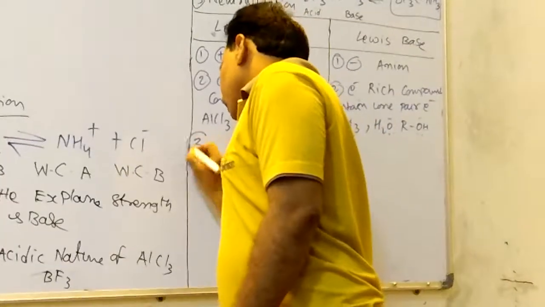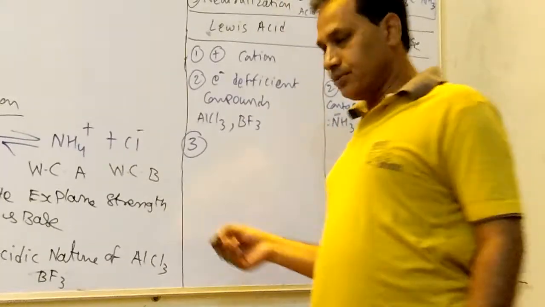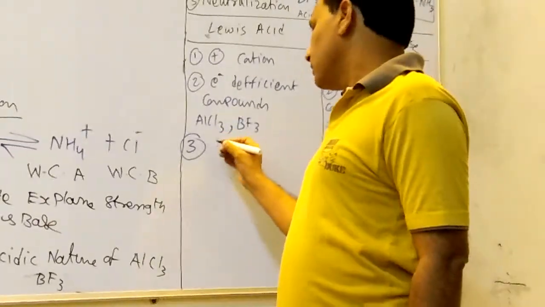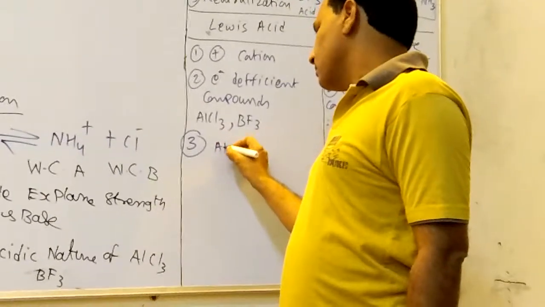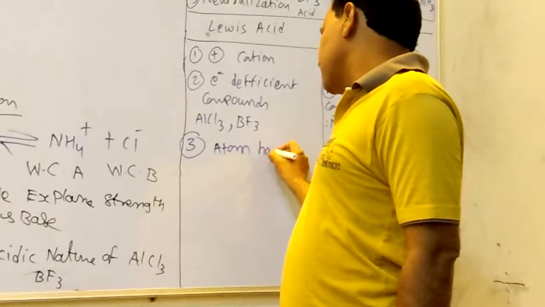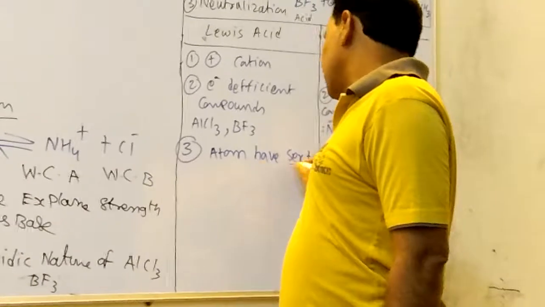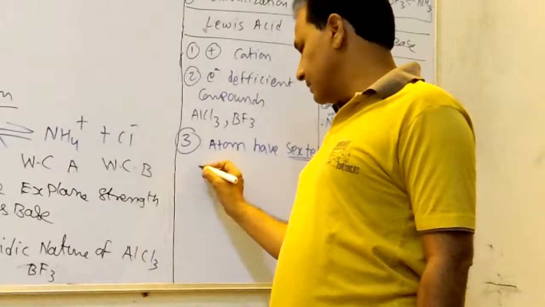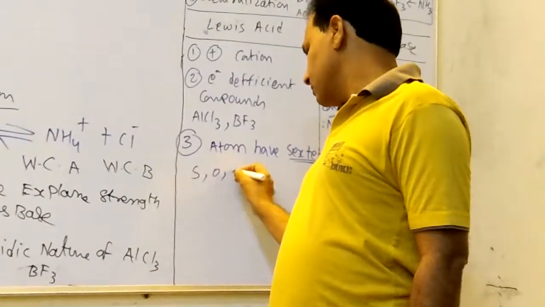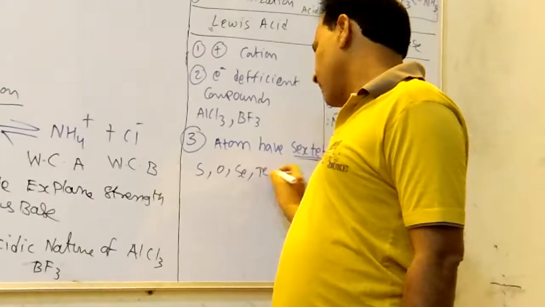Another important point: atoms having a sextet, meaning 6 electrons in the outermost shell, like sulfur, oxygen, selenium, tellurium.